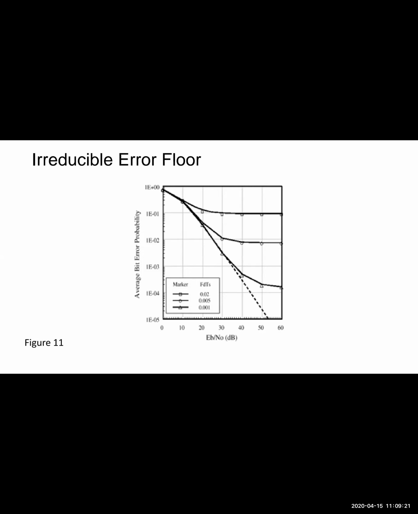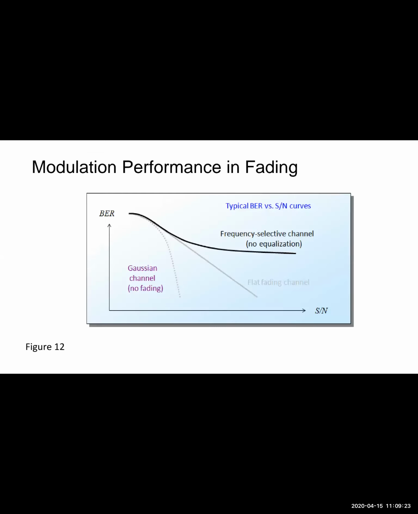So all the rest of the remaining graphs are the same thing. For instance, you have frequency selective. If you don't use equalization, that is what you have. If it is flat fading, this is what you have. If it is non-fading, this is what you have. That's fig 12. Now, look at this.